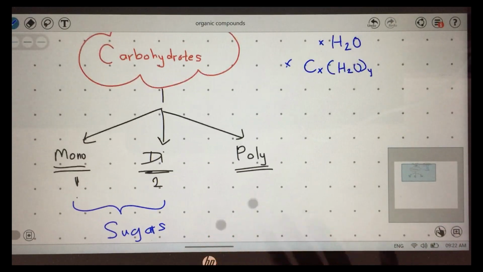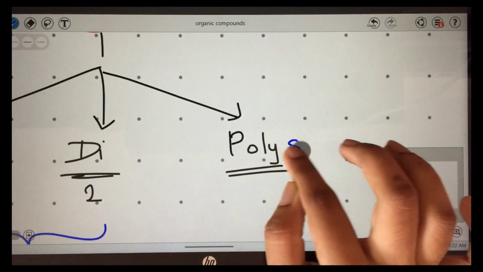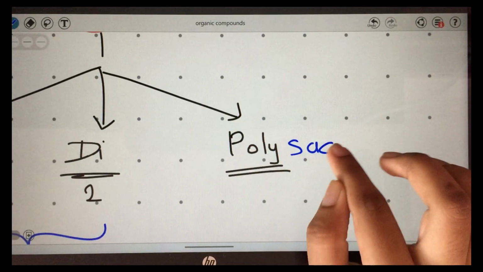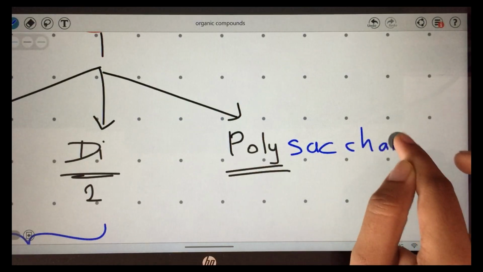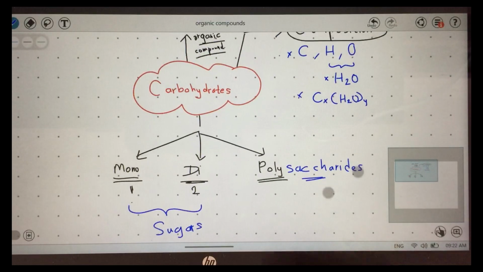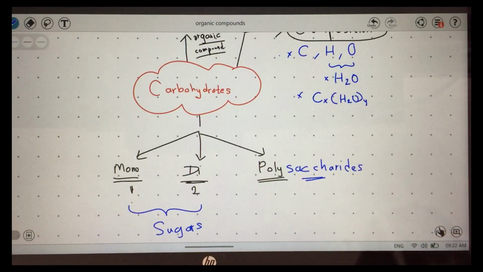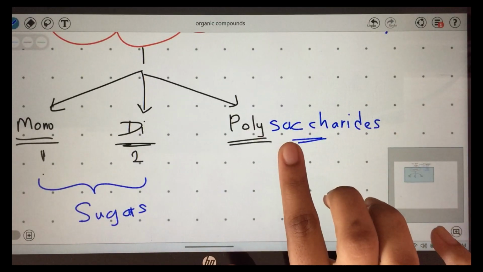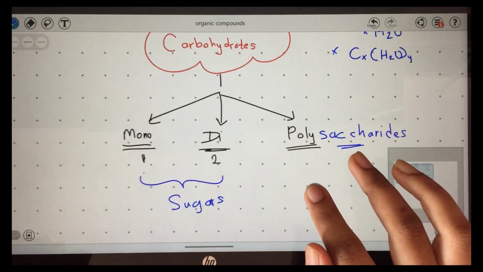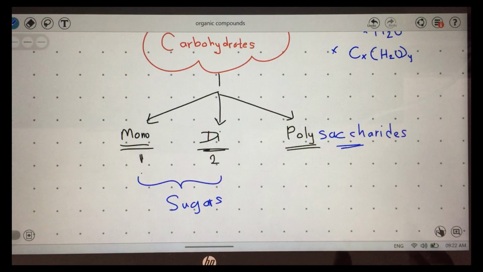Although the name saccharide is there, this might sound confusing to some of you, but listen properly. Saccharides means something like sugars, but polysaccharide is not a sugar. What are sugars here? Only mono and disaccharides.